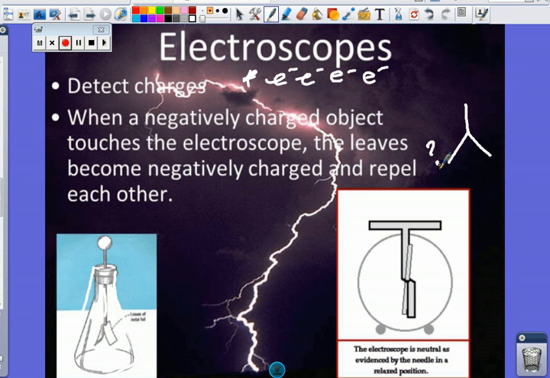When you have a negatively charged object touch the electroscope, when you touch that ball, the electrons jump off and come down into here. Those become like charged, so they repel.